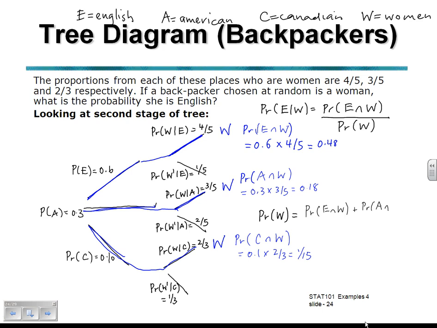So the total probability that it's a woman is the probability of English intersection woman added together with the probability of American intersection woman added together with the probability of Canadian intersection woman. So adding together those three outcomes, 0.48 added to the 0.18 added to the 1/15.